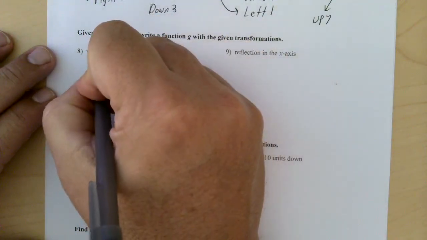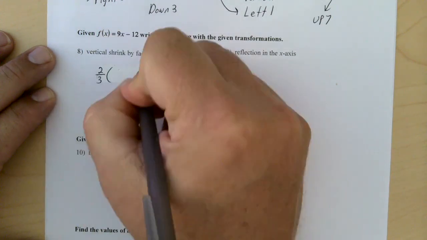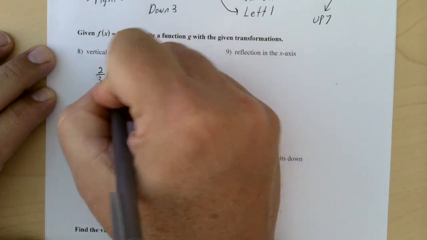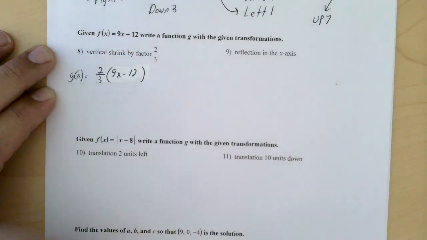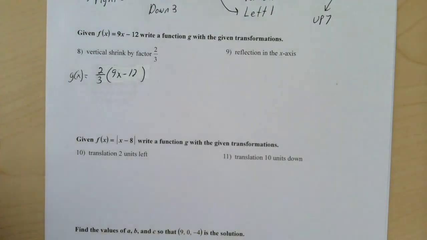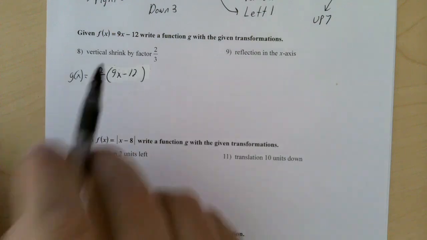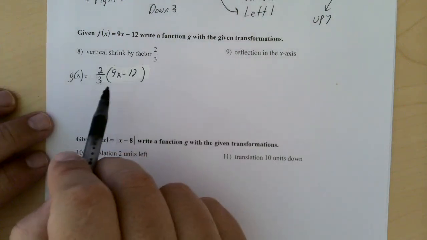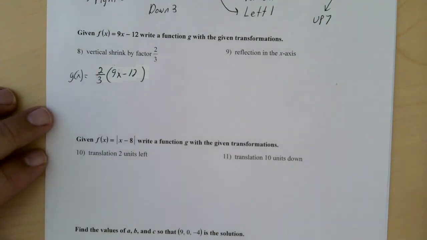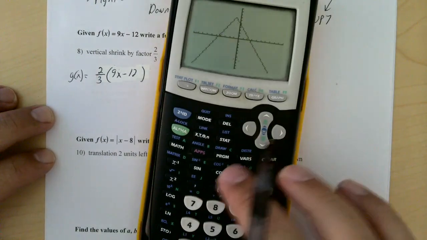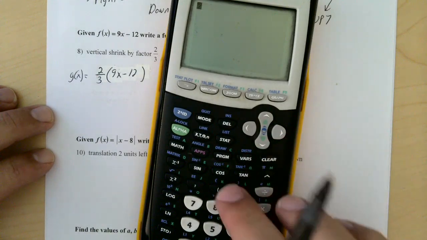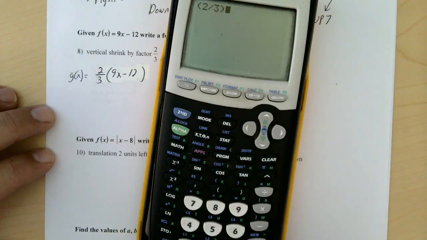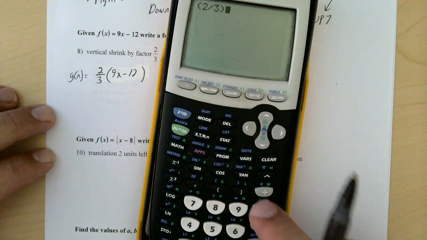So I'm going to take this 2/3, less than 1, so it's a shrink, times 9x minus 12. Okay, I'll call this g of x. Okay, so then I just want you to clean it up. It's good to show this on your exam, but then I would want you, and if you have trouble multiplying with fractions, all you have to do is put 2/3, parentheses, 2 divided by 3, in parentheses, times 9.